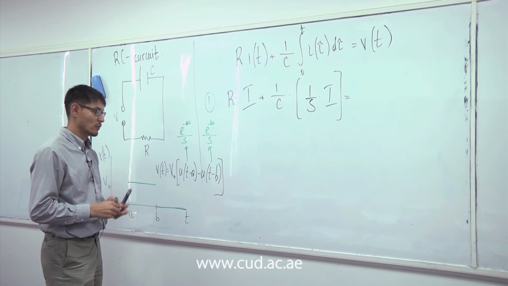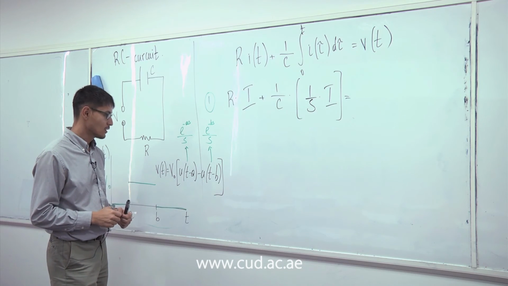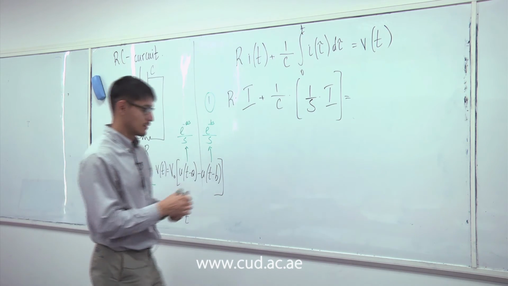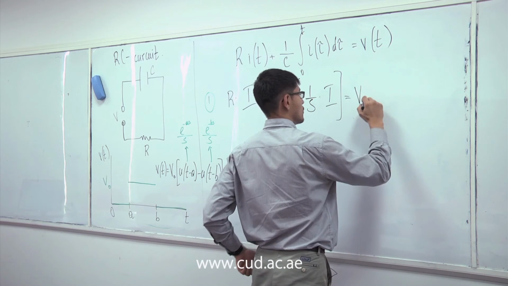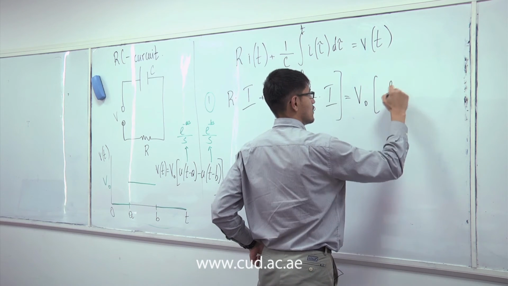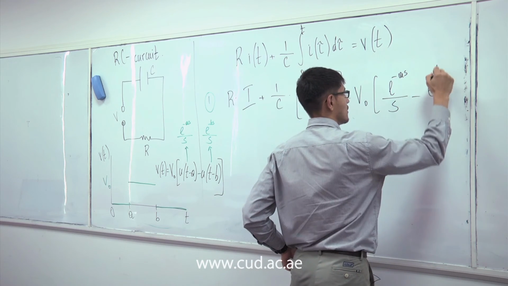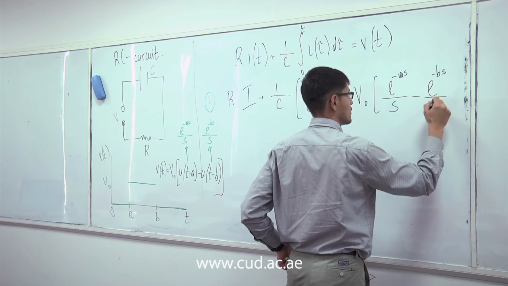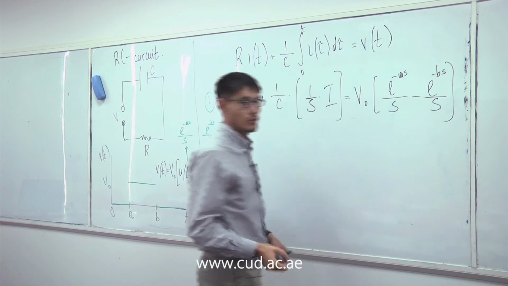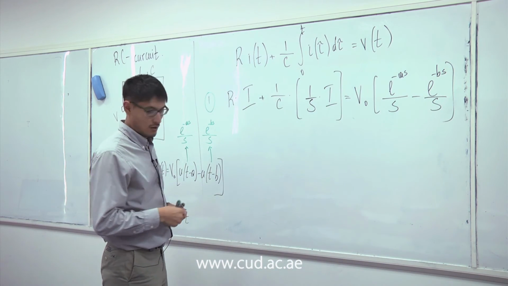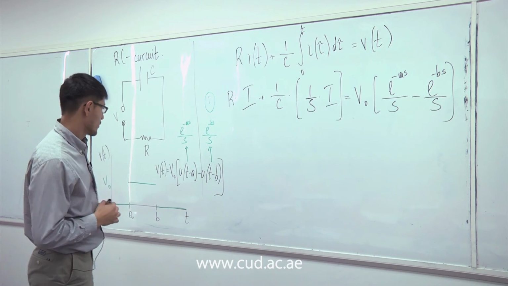So that's using one of our formulas. So what we get is V naught times e to the minus as divided by s minus e to the minus bs divided by s. That's our transform. So this was our first step.